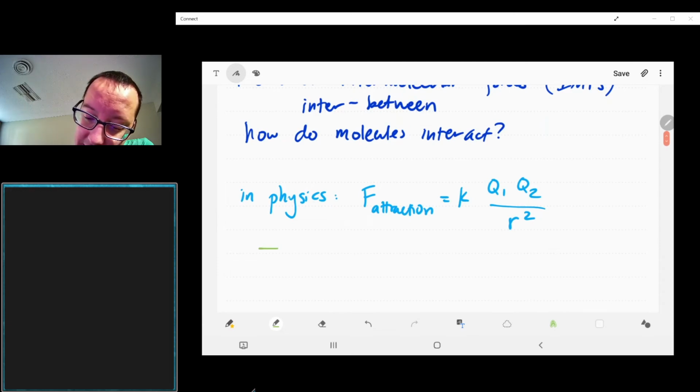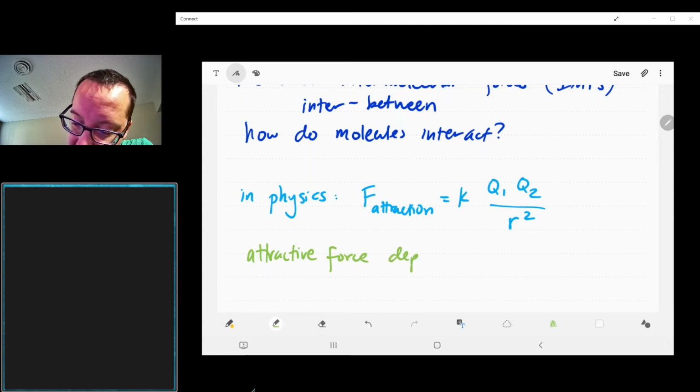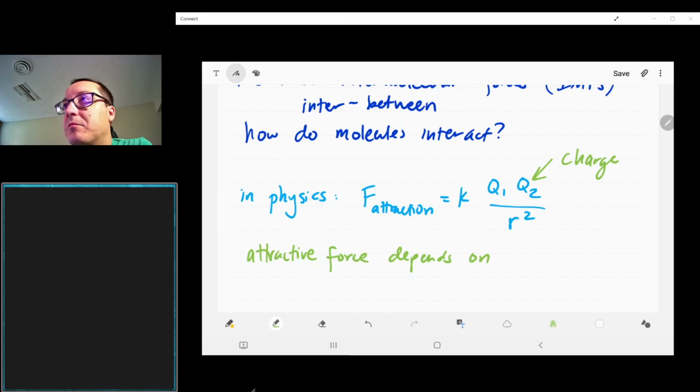So this means that attractive force depends on Q, the charge of a particular species. If we're looking at how two things are interacting together, we're looking at the charges they have.